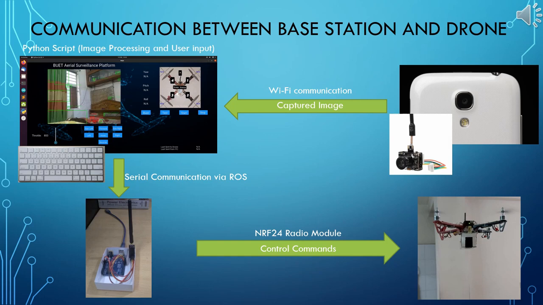Now the drone uses the commands to fly accordingly. At the same time, the drone-mounted camera uses a different communication protocol to send live images back to our base station. This communication module uses a different channel, such as Wi-Fi for mobile cameras and FPV for other small cameras. Finally, the base station applies image processing to the live feed to detect humans in distress in the area the drone is in.